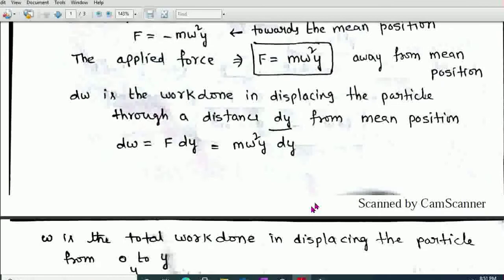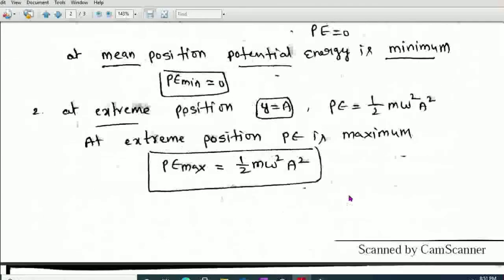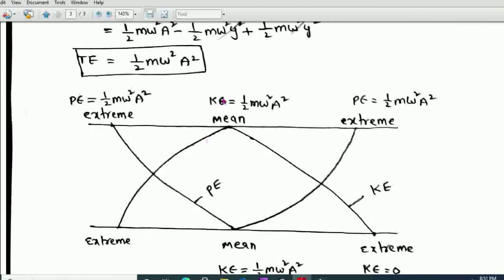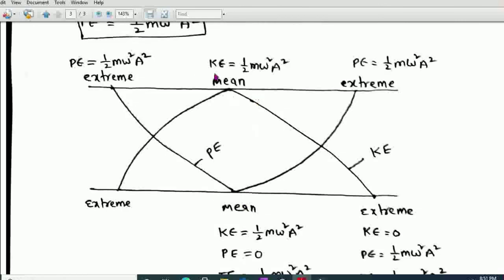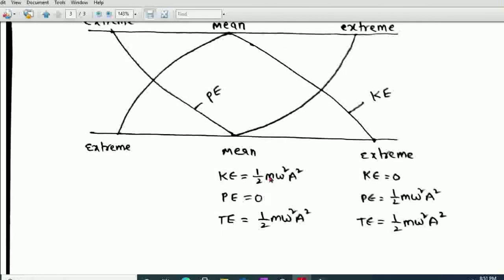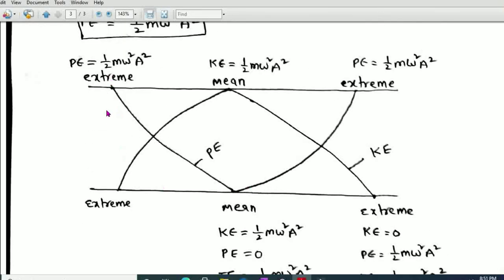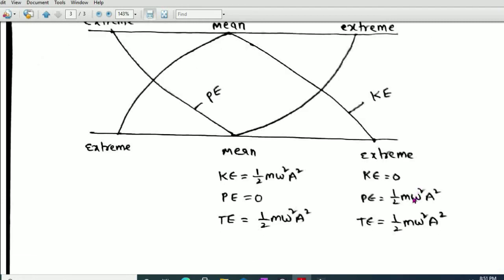Now let us take the values and implement them here in the graph. At the mean position kinetic energy is maximum, that is half m omega square A square. The kinetic energy is 0 at the extreme position.